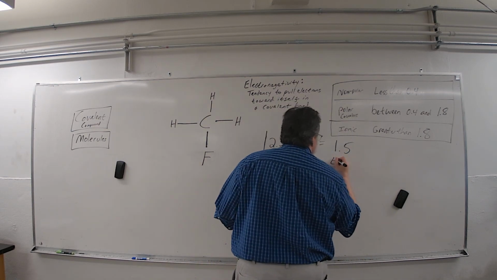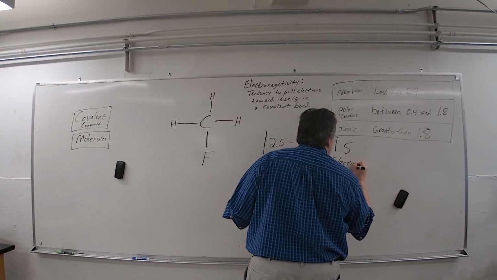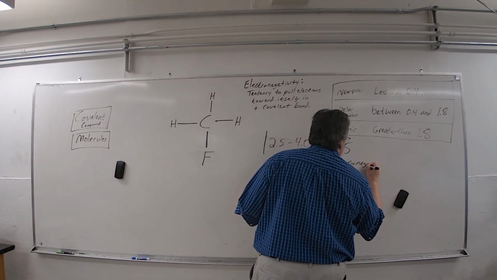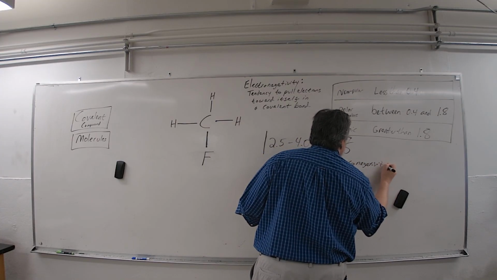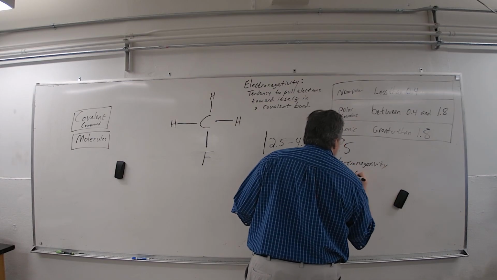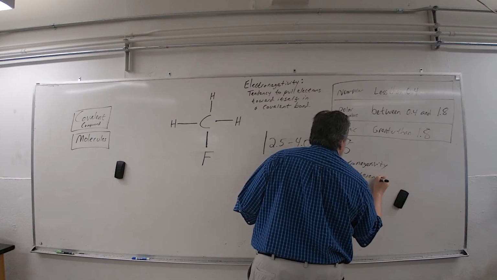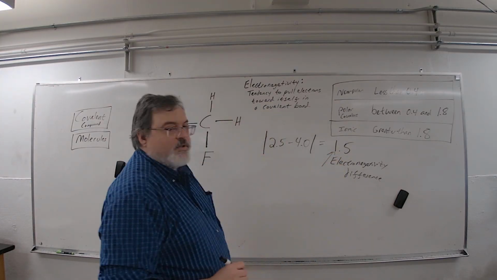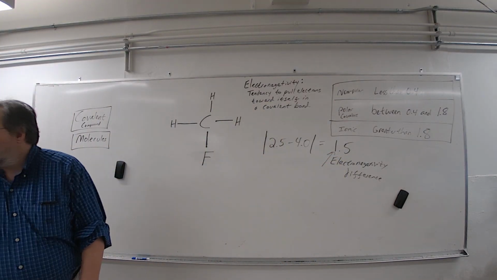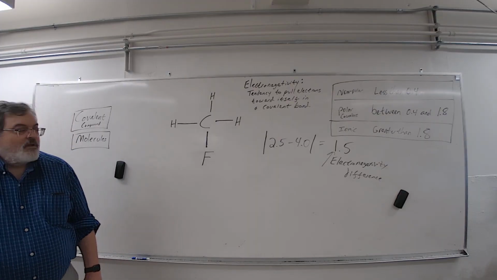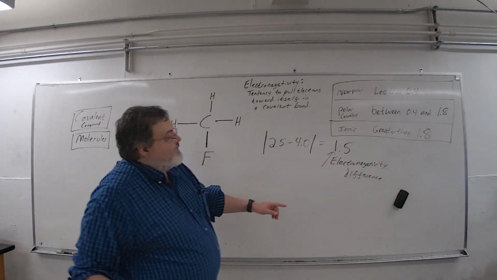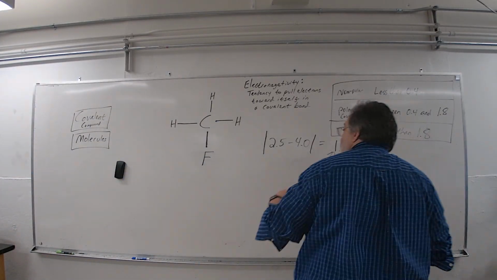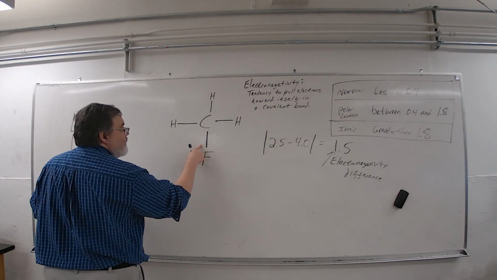This is the electronegativity difference between carbon and fluorine. You follow me there? Because it's between 0.4 and 1.8, we say that this bond is polar.